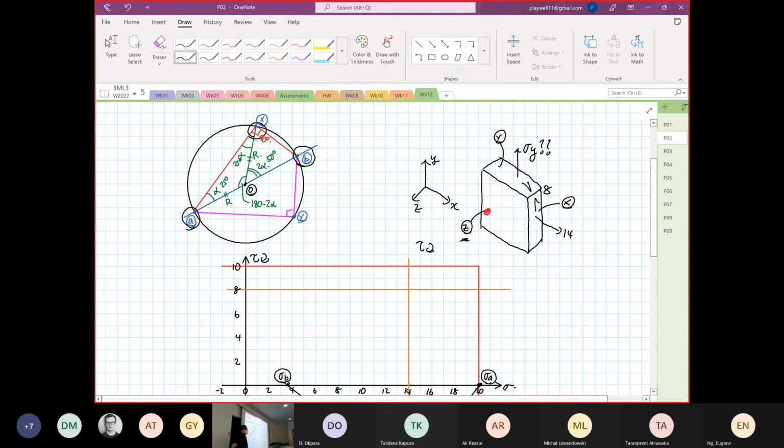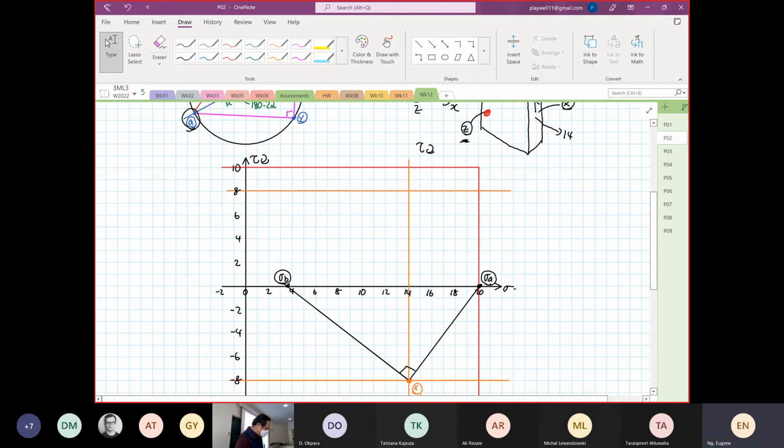Okay. Then from here, we are going to calculate the position of stress B. So how do we do that? We know this angle over here. I'm going to call this angle alpha. So tangent alpha is equal to 8 divided by 6.